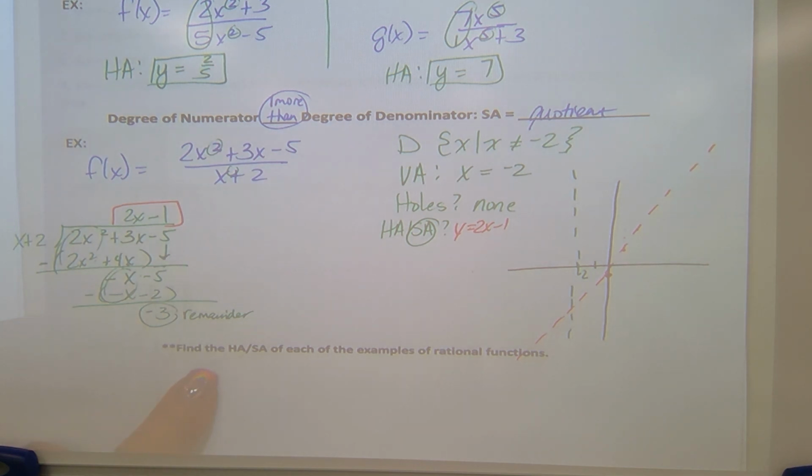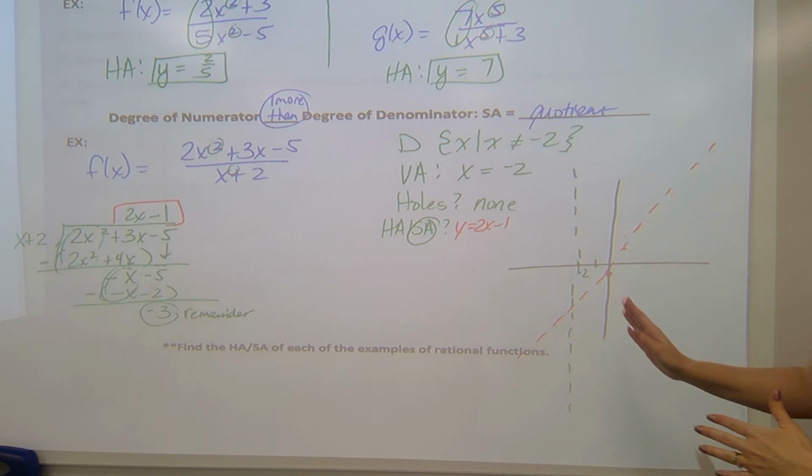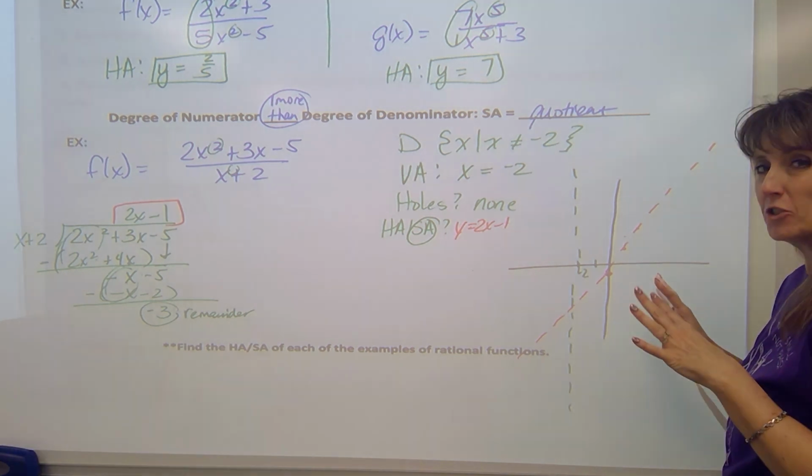This note tells me to go back and find the equations of the horizontal and slant asymptotes of those examples. We already did that. Let's finish off this graph. Now, typically, what you're going to find is that when we have a vertical asymptote and a slant asymptote, we divide our graph into 4 sections.